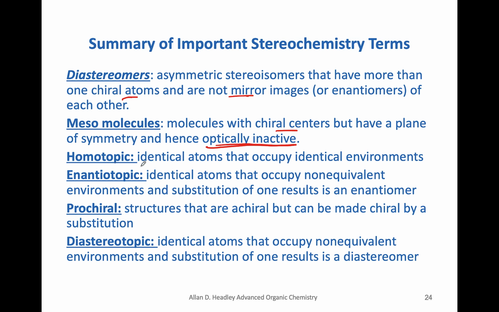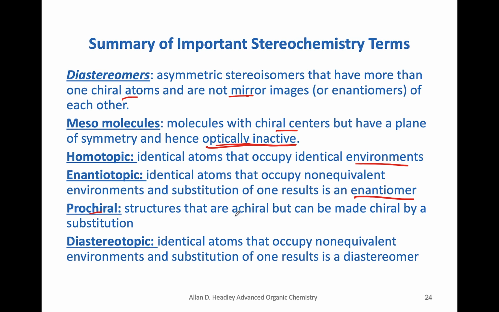Homotopic groups are identical atoms that occupy identical environments. As we saw, in this case the NMR will recognize that. Enantiotopic: identical atoms that occupy non-equivalent environments because they give enantiomers, and substitution of one hydrogen or one group for another results in enantiomers.